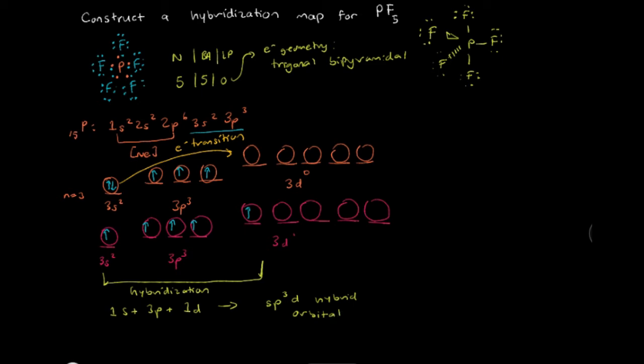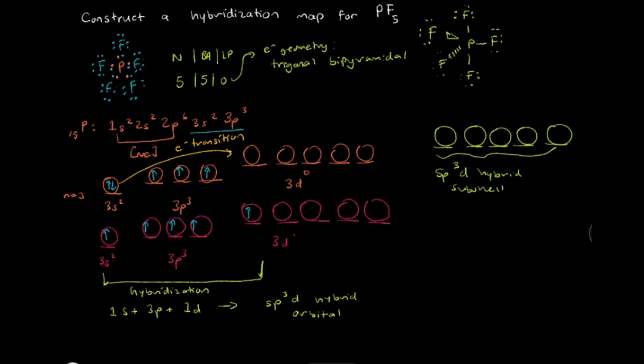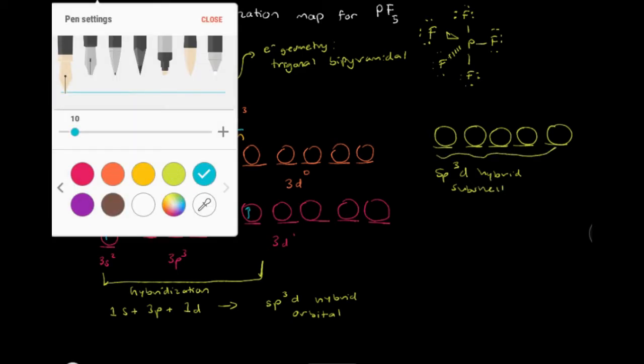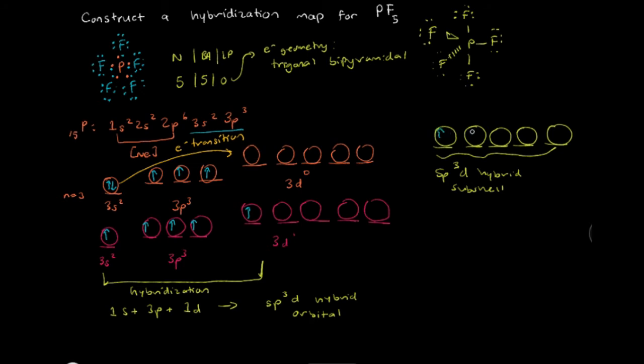Okay, so this is what the new hybrid orbital will look like, right? I'm going to hybridize these 3, and we'll have these 5 orbitals, right? So this is the sp3d hybrid subshell. So this whole thing here is the hybrid subshell, right? And you can notice that they will all be half-filled, right?